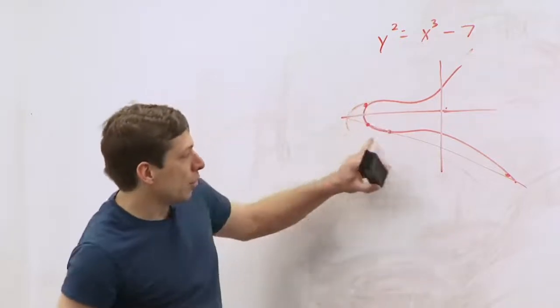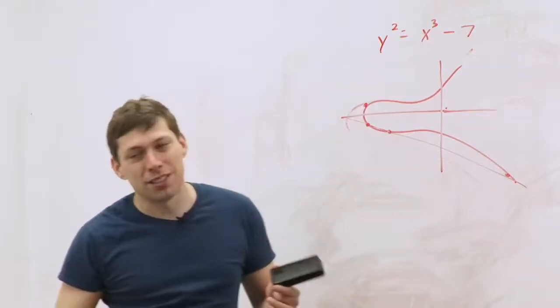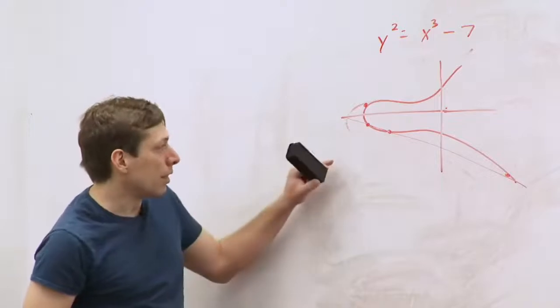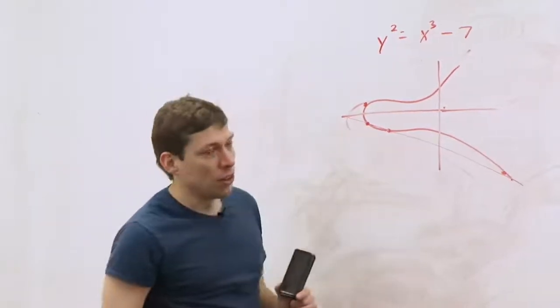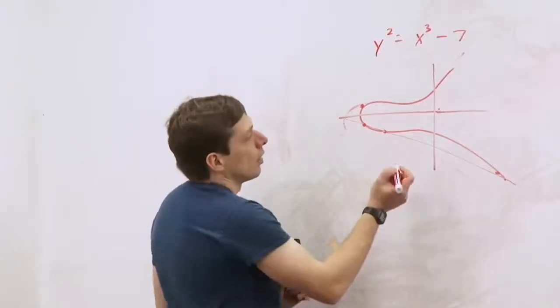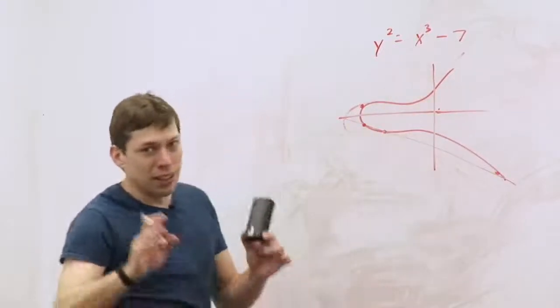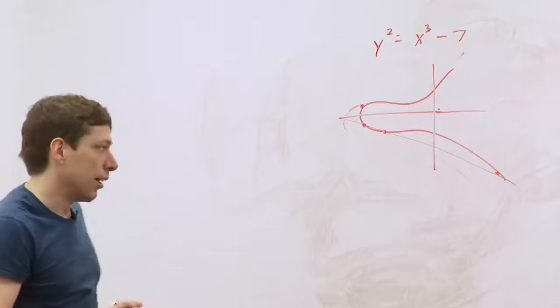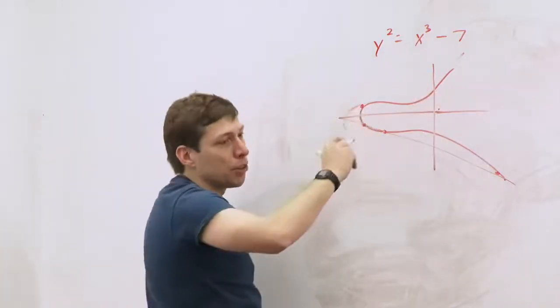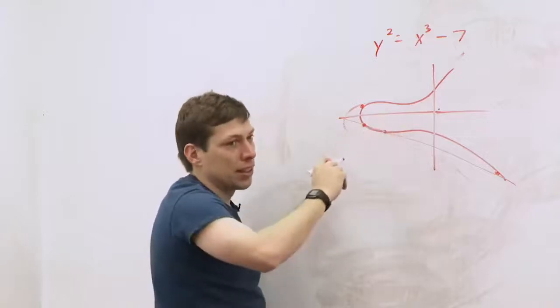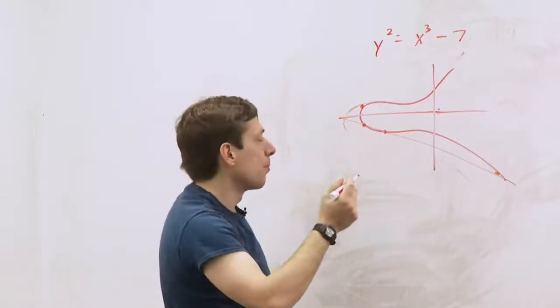So the idea is any line you draw, more or less, will intersect at 3 points, unless it intersects at a tangent, or if it's straight up, then you say it intersects at the point at infinity, right? But any random line you make will probably intersect in 3 different points.